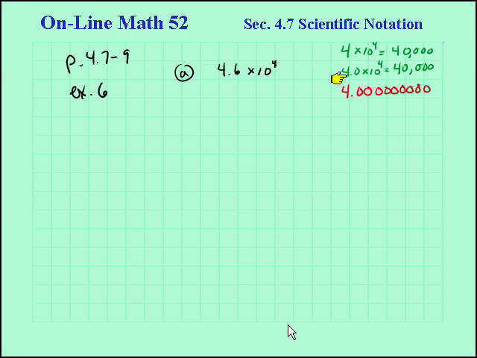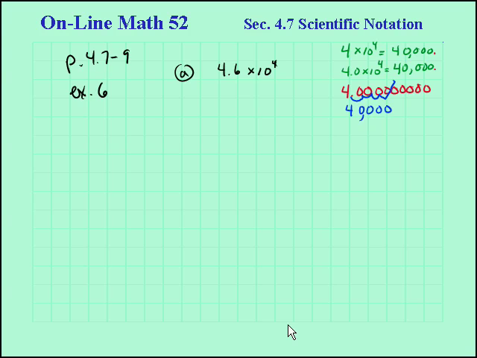Here it is at 4.0. We've moved it so that it ends up way on the end. Normally we wouldn't even write it in, but I'll put the decimal point in here. The idea is, in effect, we're going to move this 1, 2, 3, 4 places. Moving it 4 places creates our large number. I'm going to write that large number without any commas, 4 and then 1, 2, 3, 4 zeros, and then count back 3 to get 40,000.